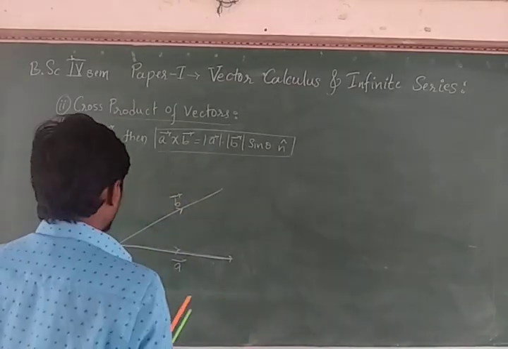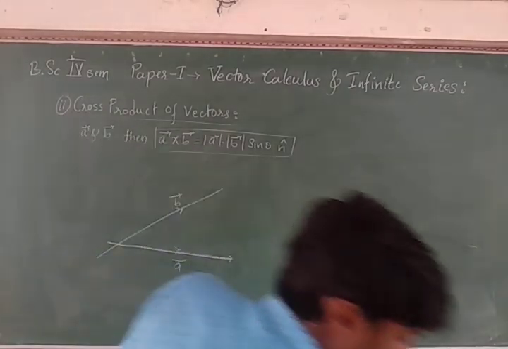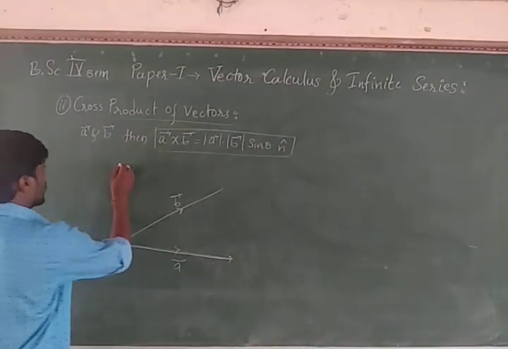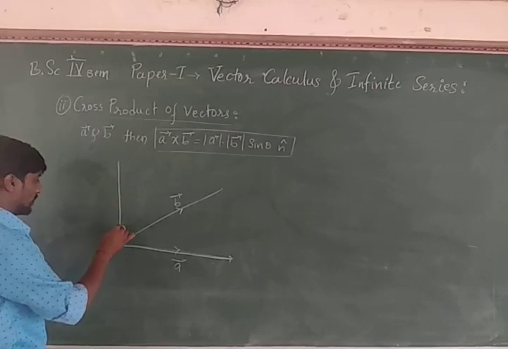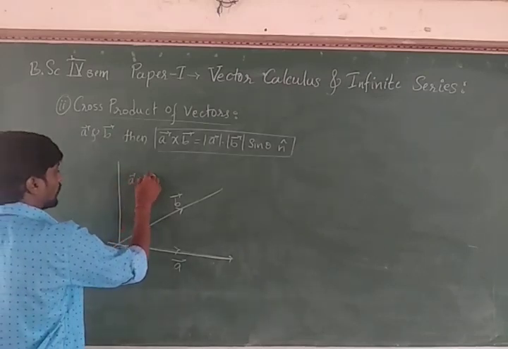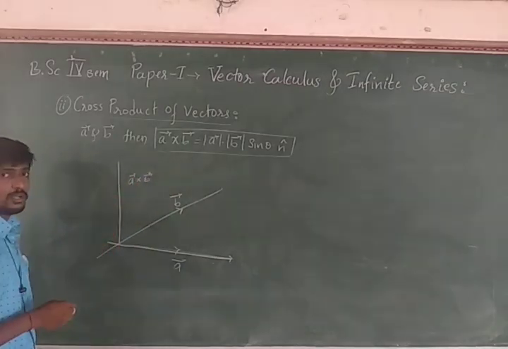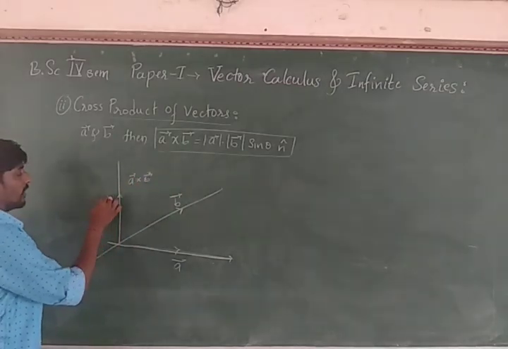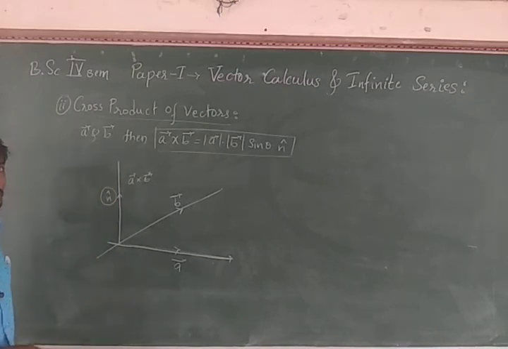In general we denote the direction of A cross B by n cap only. So n cap is nothing but the unit vector along A cross B.